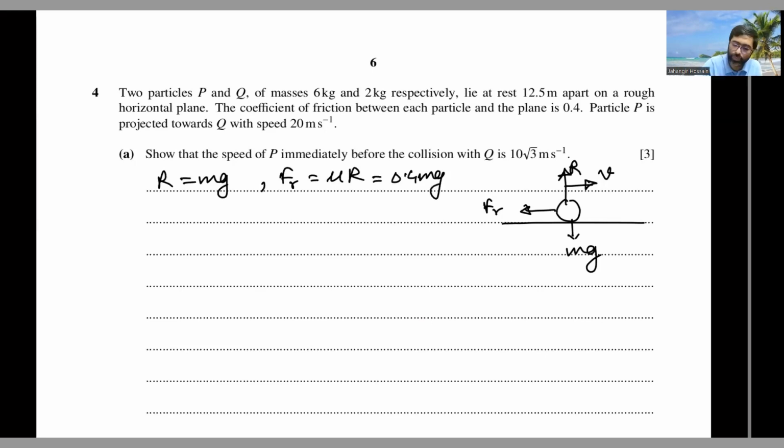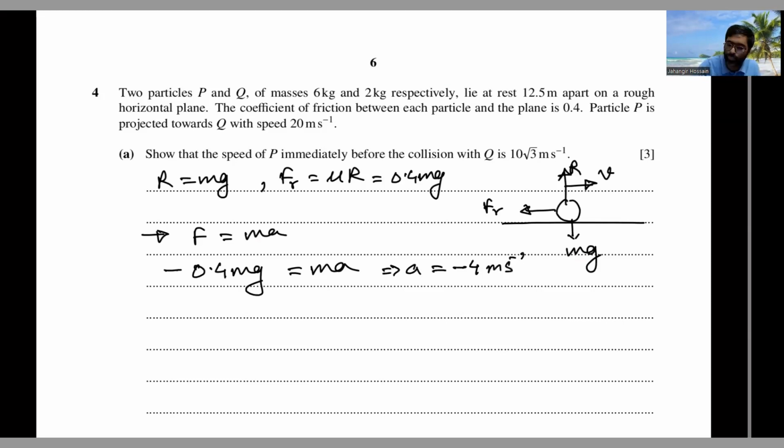Now it is moving in the forward direction, so if we apply Newton's second law, we have minus friction equal to ma. So a is minus 0.4 into g, that's minus 4 meters per second squared.